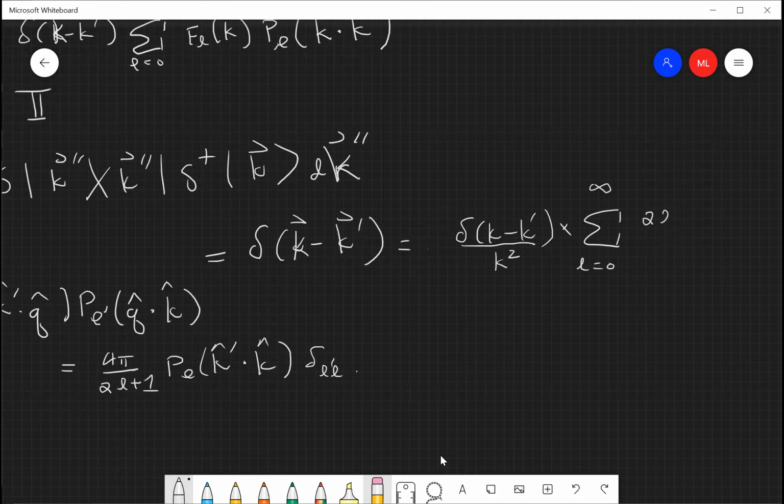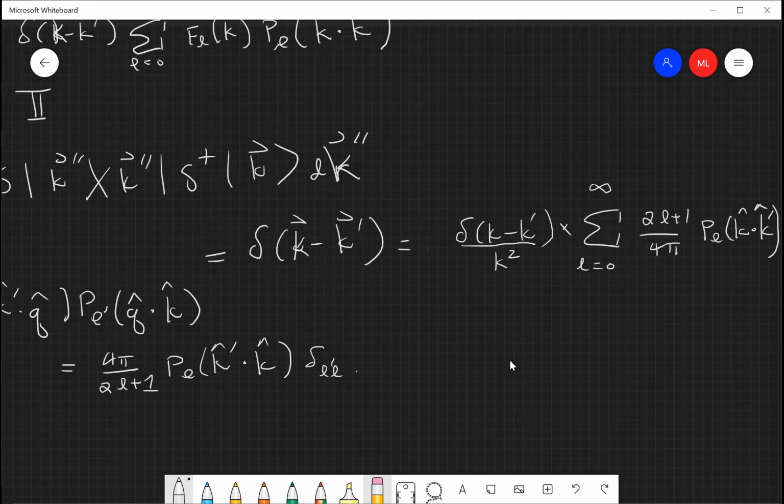This is 2l plus 1 over 4 pi. And this is P_l of k hat dot k hat prime. So the radial piece is the delta function, and the rest of it is the angular delta function, which you can expand in Legendre polynomials like that.